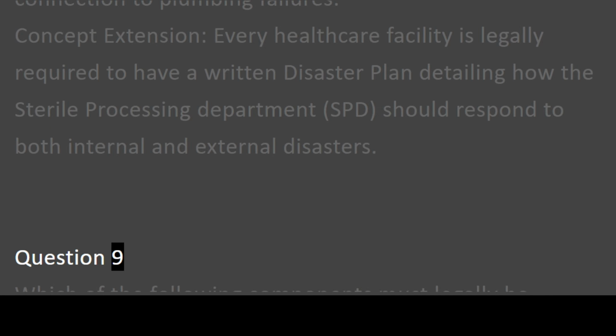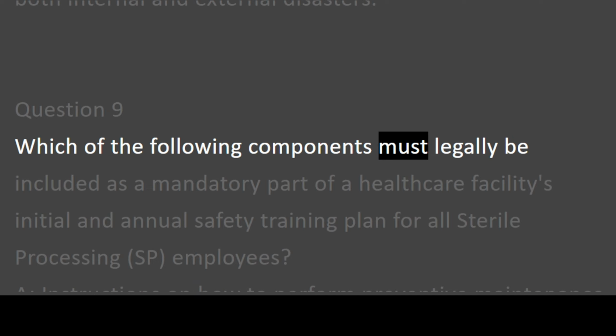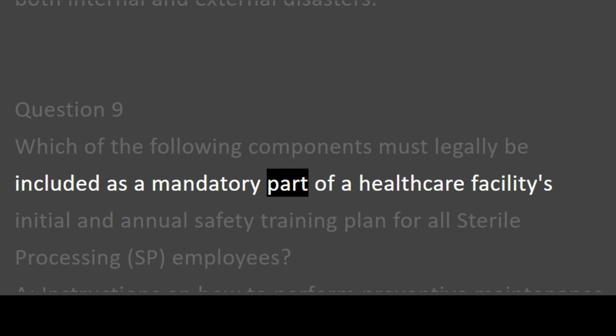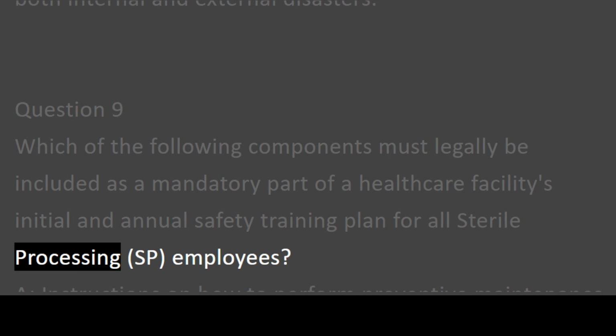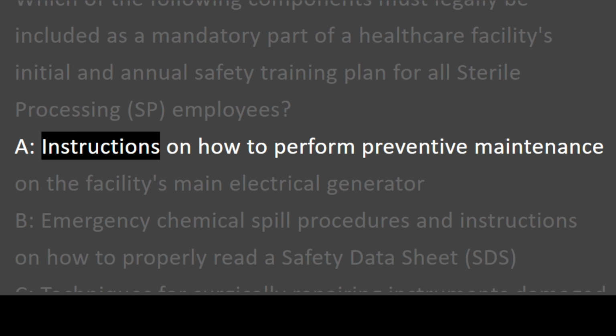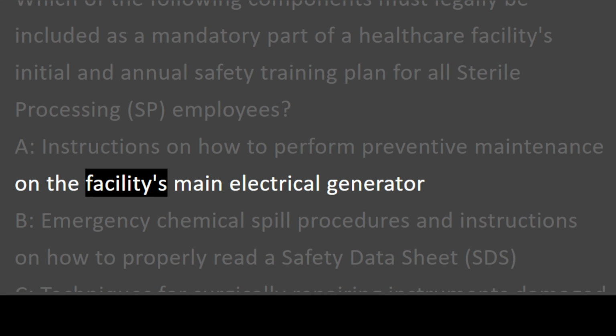Question 9. Which of the following components must legally be included as a mandatory part of a healthcare facility's initial and annual safety training plan for all sterile processing, SP, employees? A. Instructions on how to perform preventive maintenance on the facility's main electrical generator.